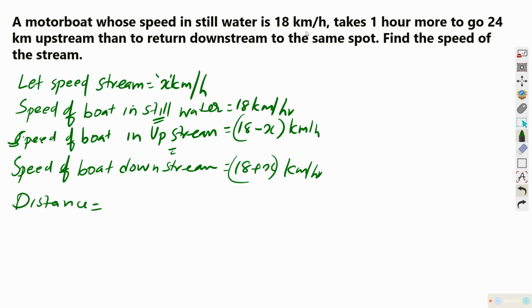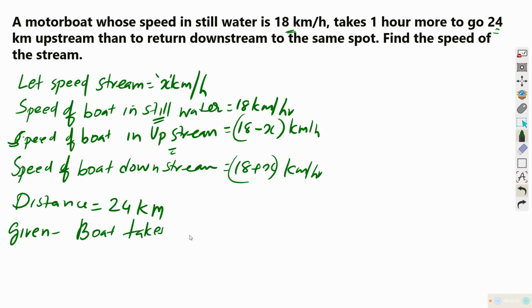And it is clearly given that the distance is 24 km. So boat speed is 18 km. It becomes less when it goes up, more when it comes down because of the flow of the stream. That is what is to be calculated. It reduces by x while going up, increases by x while coming down, and x is nothing but the speed of the stream.